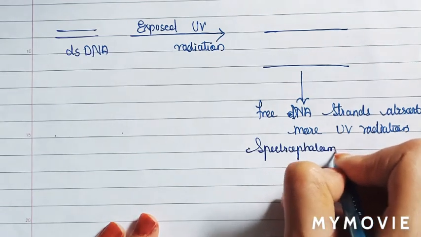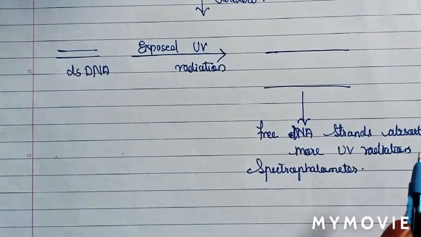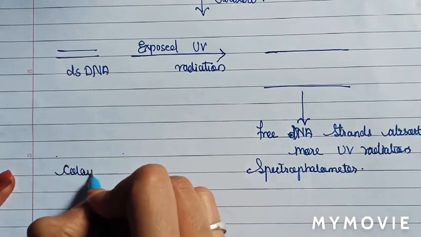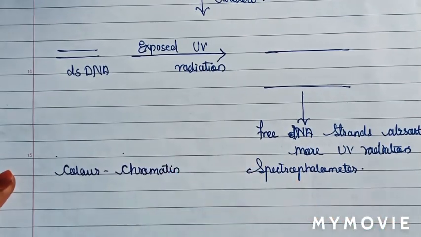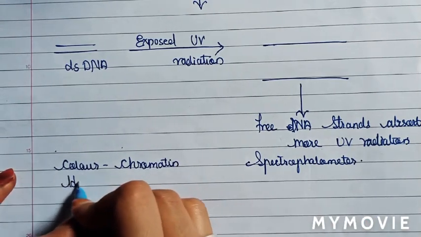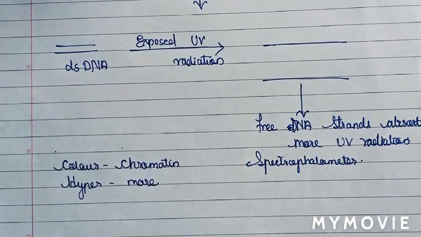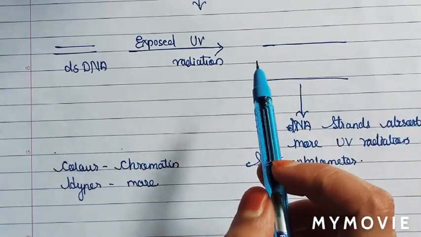It absorbs more UV radiation, which means it gives color. Color means chromatin, and more means hyper. So when it absorbs more UV radiation, it forms a color-like substance to identify. So friends, this is about the hyperchromatic effect.